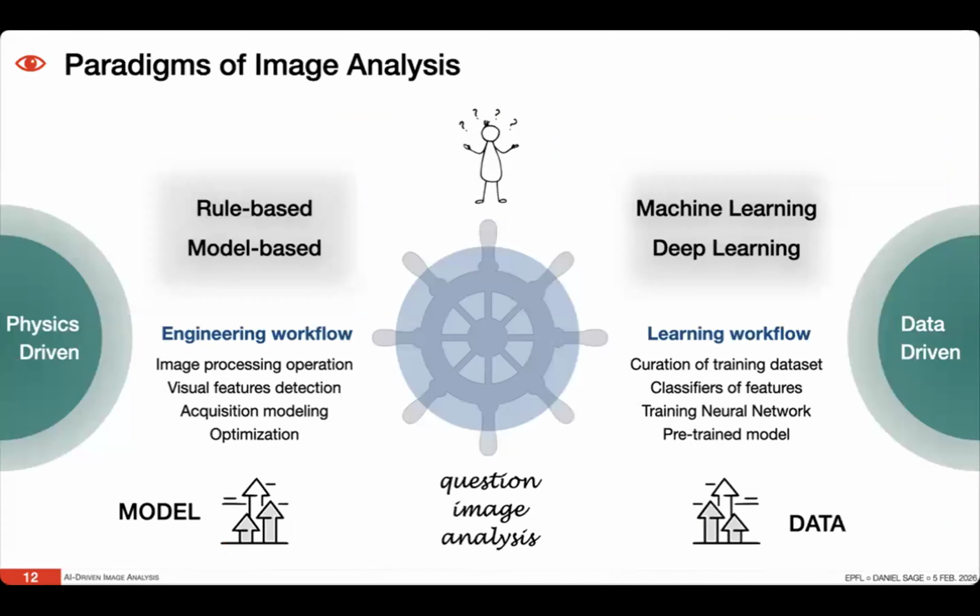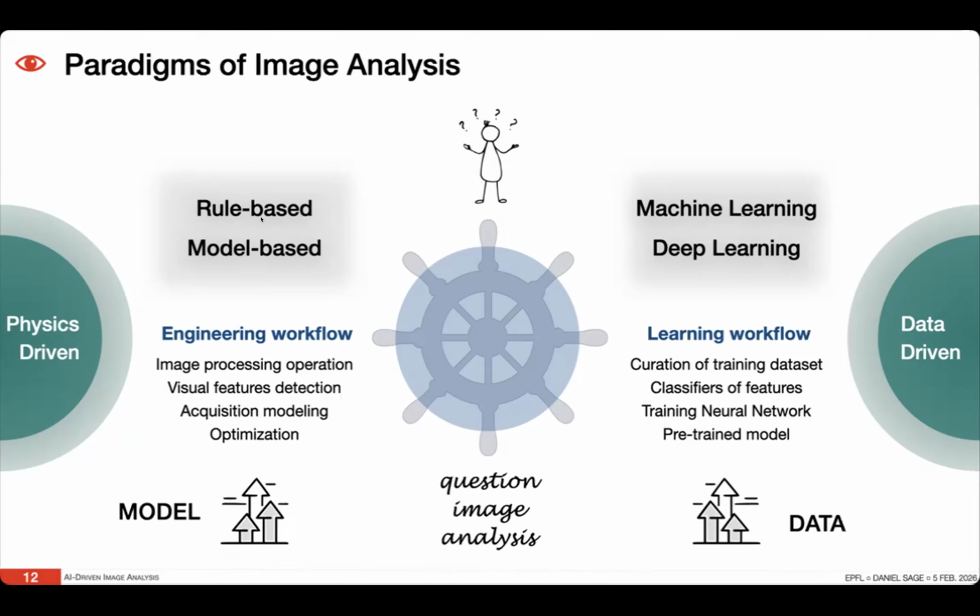When you are faced with an image analysis problem, there are two paradigms, I should say. I don't like it so much, but okay, the older times are on the left, modern times maybe on the right. So you have an image analysis question. Now you can think about the method.